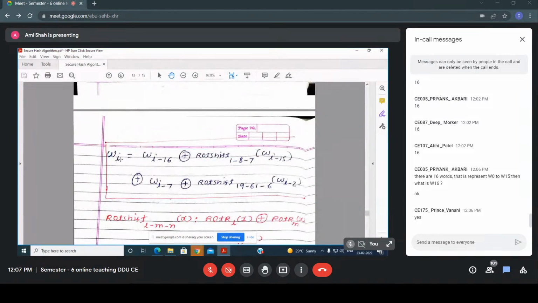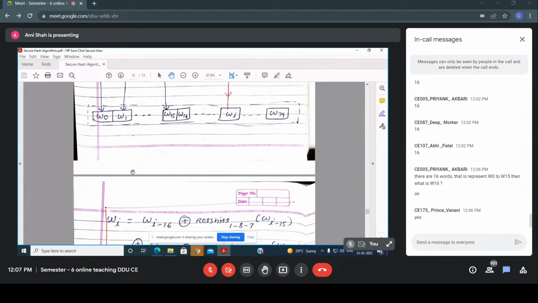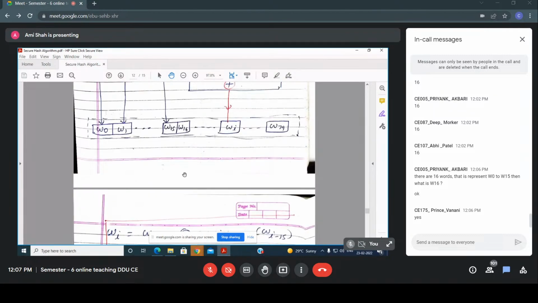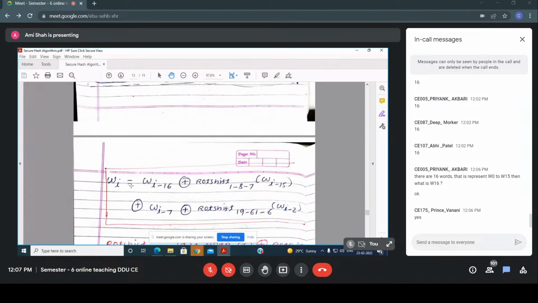Okay, Priyank, your question is I want to find W16 because we have W0 to W15. Here I have written 16, but it is W15. Now if I want to find W16, I have to put the value in this formula.